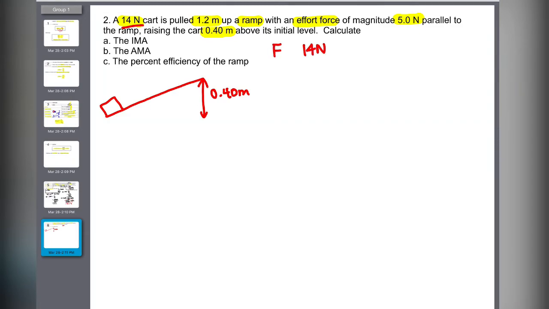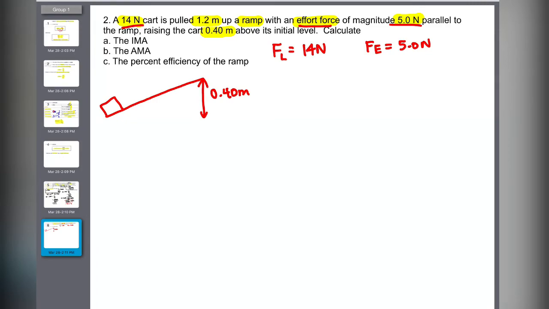I know it's a force, but my question for you is, is 14 Newton the load or the effort? Sometimes we're not sure. You can keep reading and use process of elimination. Do you see how later on they say the effort force is 5? So the actual effort is 5. So if that's E, does it make sense that the 14 has to be the load?